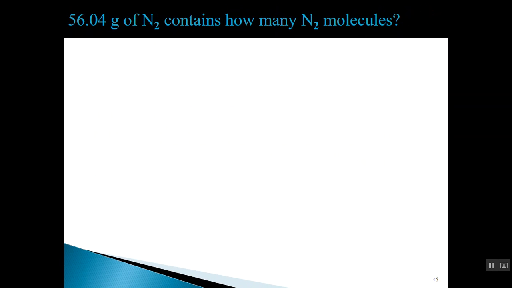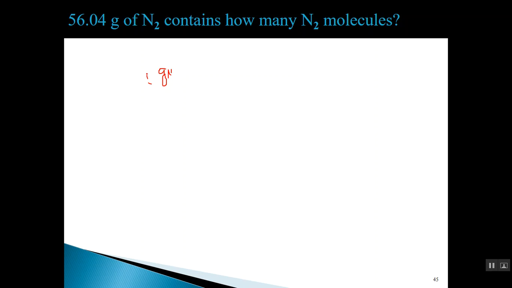Now this one is not as straightforward because this one gives you the mass in grams of nitrogen and is asking for how many molecules of nitrogen. So the way I would go about this is that I would start with the grams of N2.